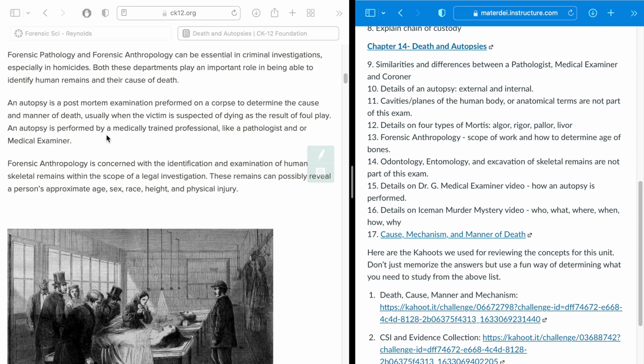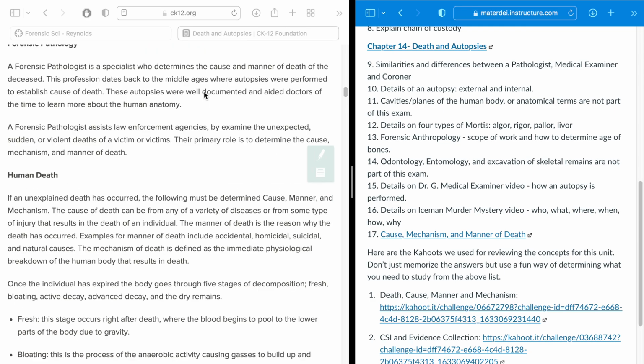There are two people that are going to certify that someone died. It's a medical examiner and a coroner. So the two are different. You all could be a coroner, even without a college degree.